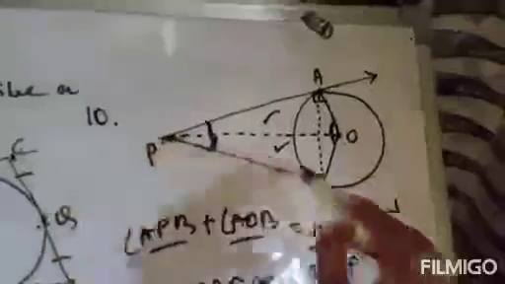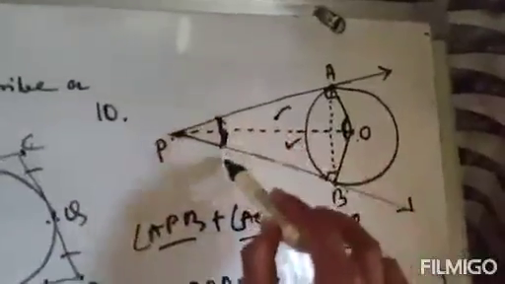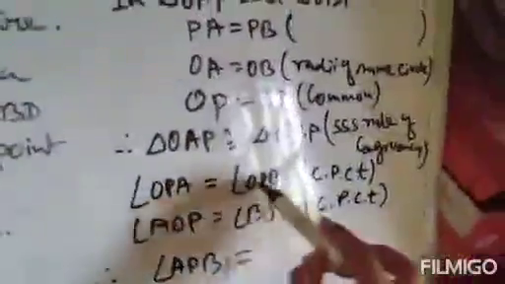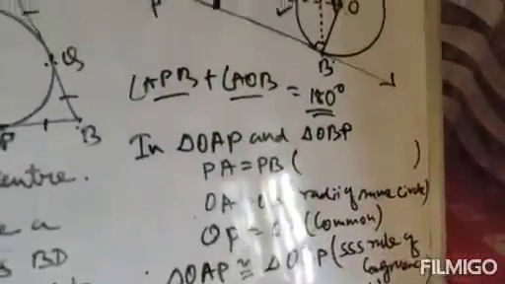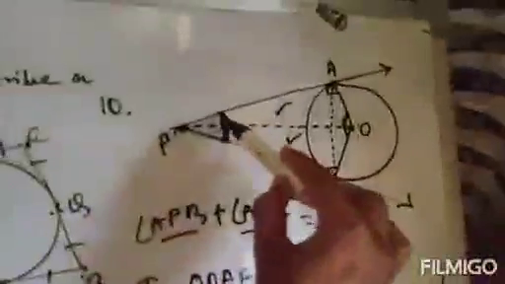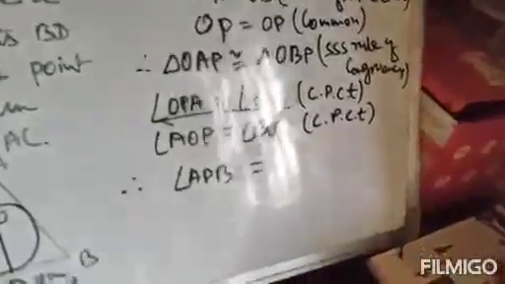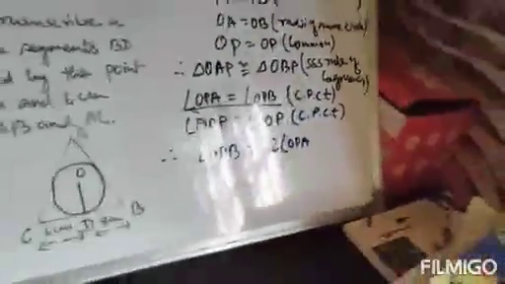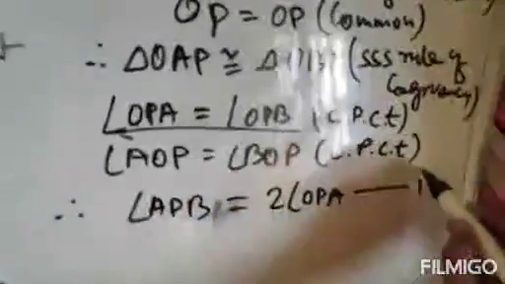We have already proved, according to CPCT, that angle OPA and angle OPB are equal. That means we can say that angle APB will be equal to 2 of angle OPA. That is equation number 1.